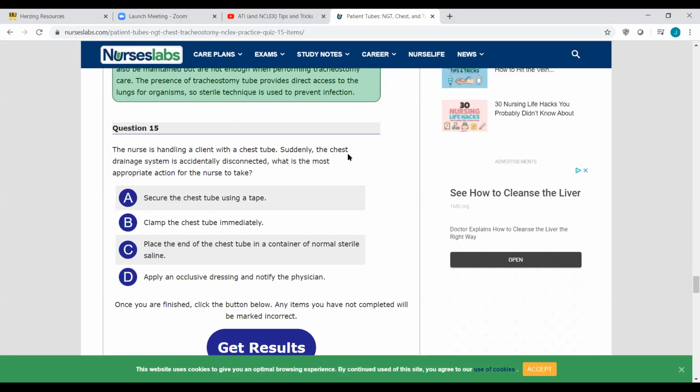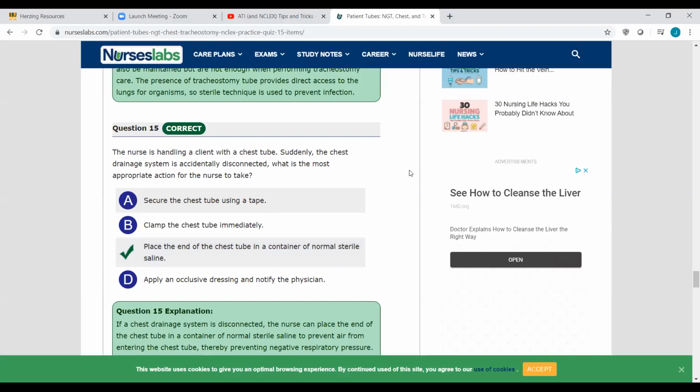So in here, it just says, suddenly the chest tube drainage system is accidentally disconnected. So to me, that sounds like it's just the drainage system disconnected from the chest tube. What would be A? Secure it with the tape. So believe it or not, it's going to be this. Place the end of the chest tube in a container.